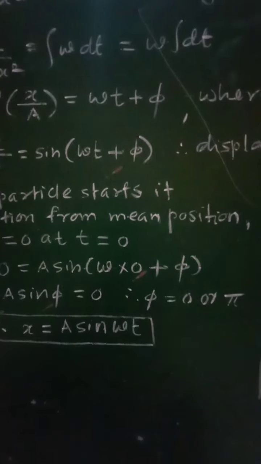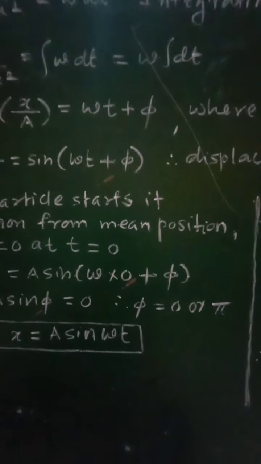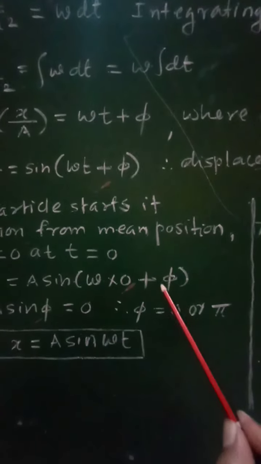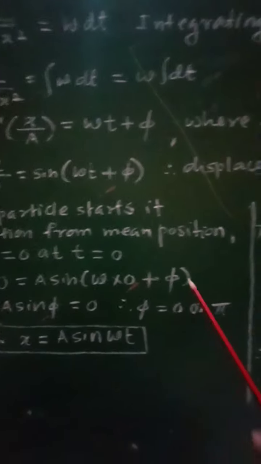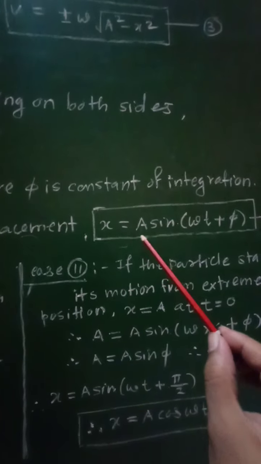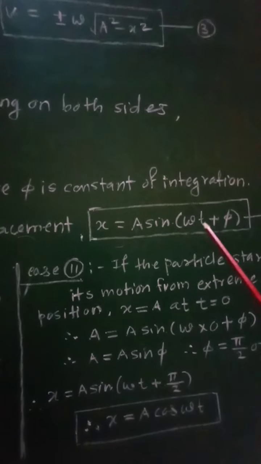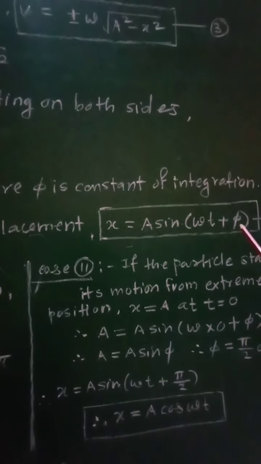So at the mean position, phi, which is called the phase, is equal to 0 or pi. Now if we put the value of this phi, 0 or pi, again in equation number 4, then we can write x is equal to a sin omega t plus 0 or pi.